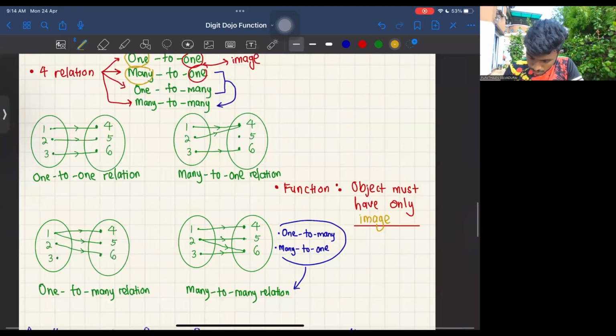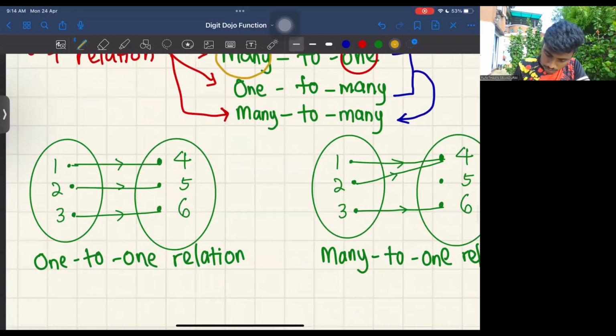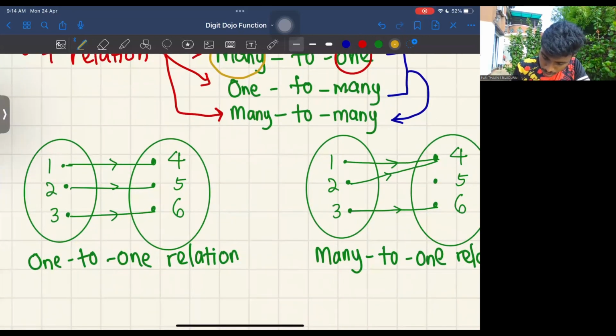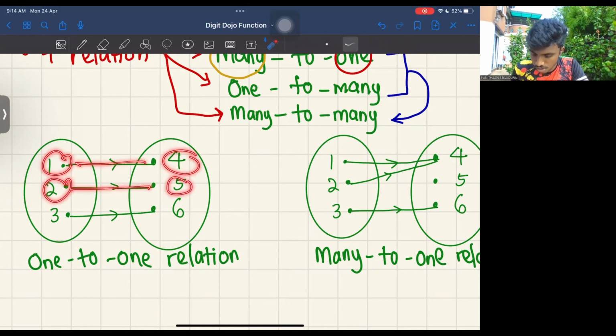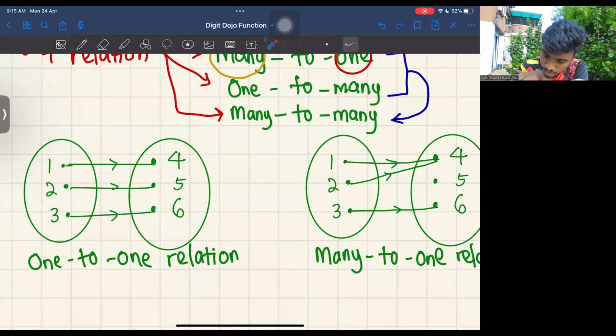Okay, checking back here. The first relation: 1 having one image, 2 having one image, 3 having one image. So this is considered a one-to-one relation and it is a function. So we write here, it's a function.